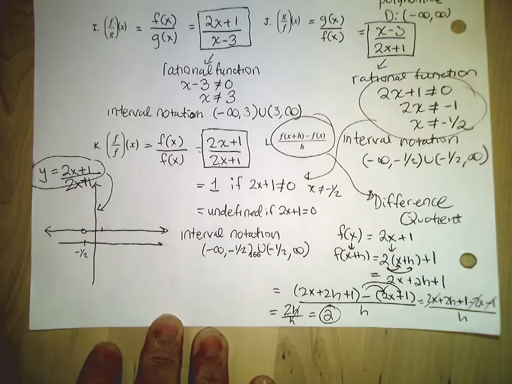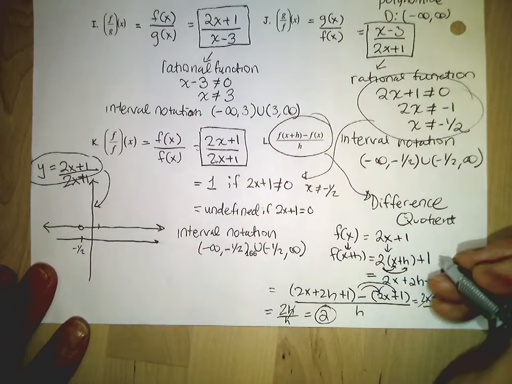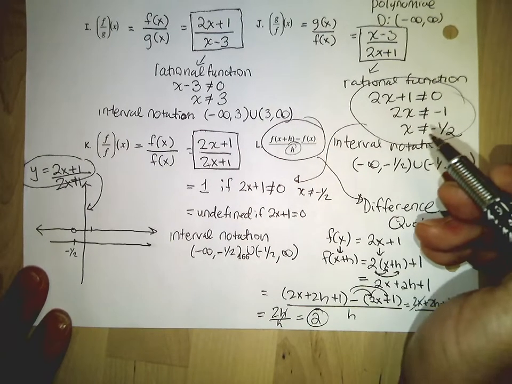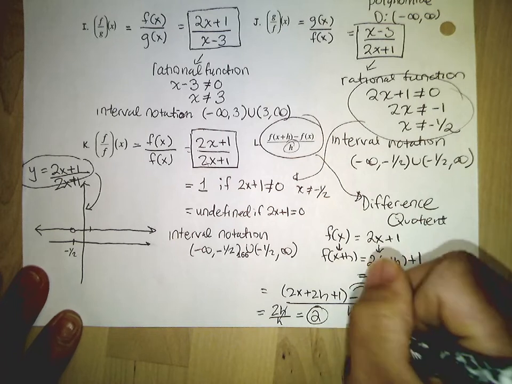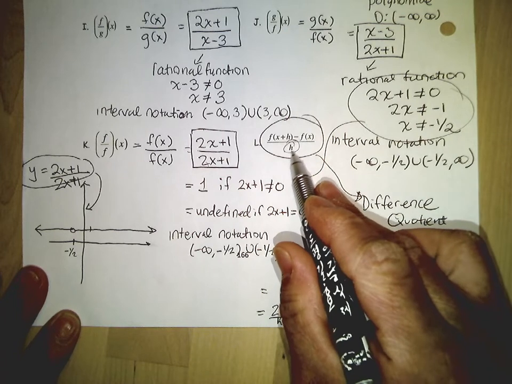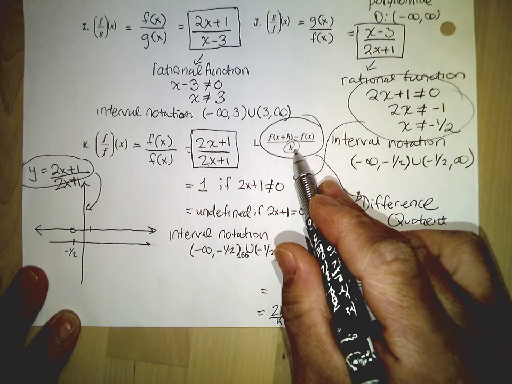So again, this is 2 as long as this h here is not 0, because if h was 0, that would mean that I would be dividing by 0, and that's not good. Okay, so hopefully that's okay here.